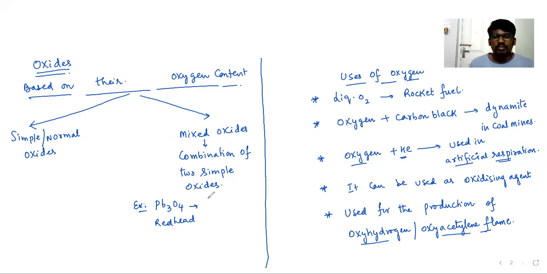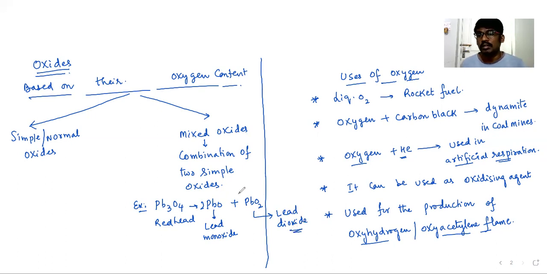It is a mixture of PbO and PbO2. PbO is called lead monoxide, and PbO2 is called lead dioxide. Both these are actually simple oxides. When they combine, they give Pb3O4.